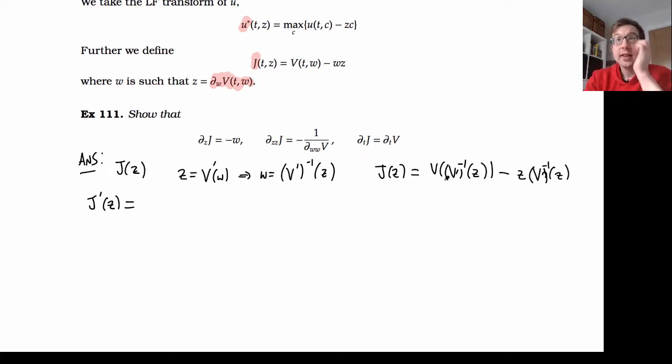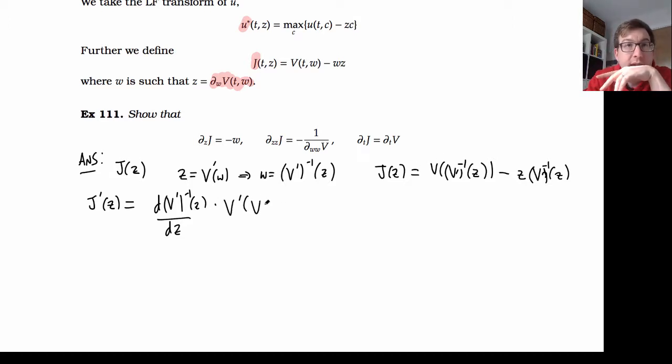So I want to differentiate this, and I can use my usual rules of differentiation here. I would differentiate this, bring this outside, and then differentiate the term outside. So normal chain rule: the chain rule on that term would give me d v dash to the minus 1 of z dz, times the derivative of this guy, v dash times v dash to the minus 1 of z.